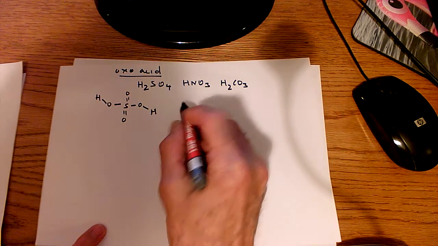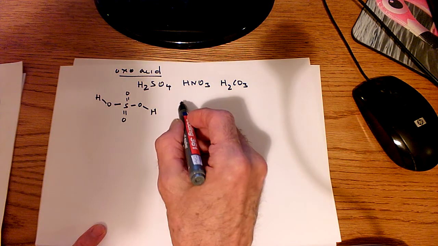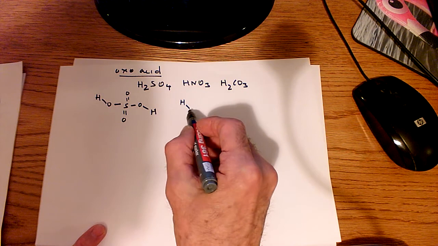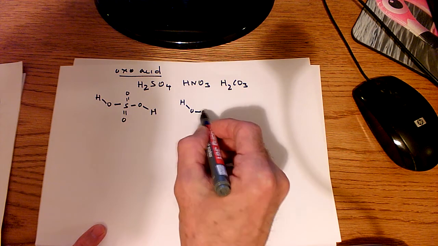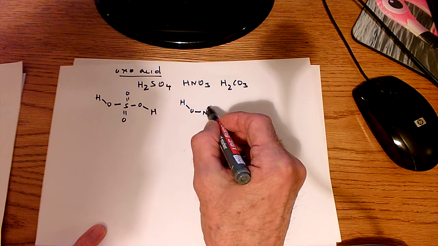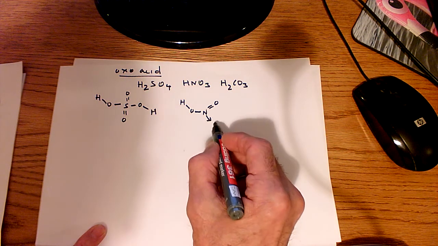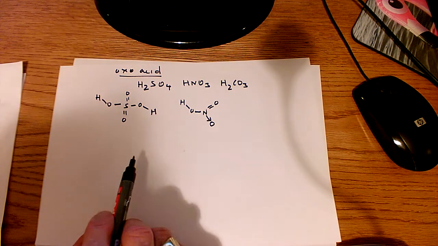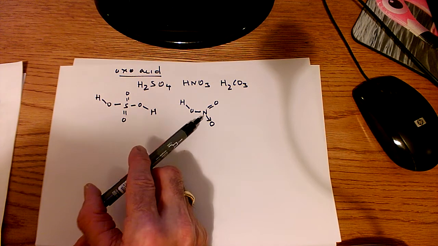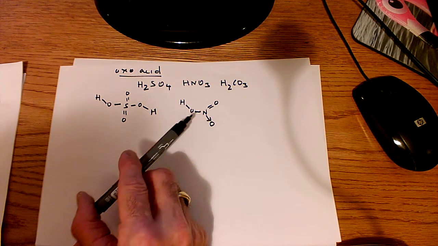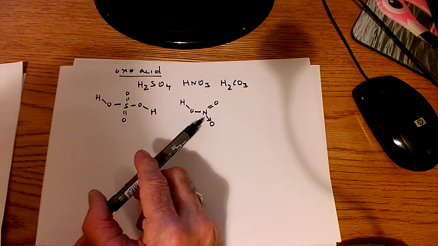Let's look at nitric acid. Here's nitric acid. We know what the arrow means, don't we? Yes, we do. It's a dative bond.